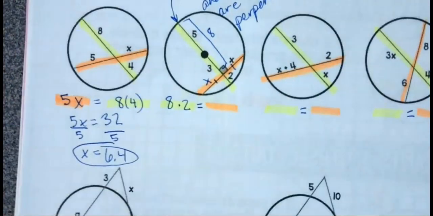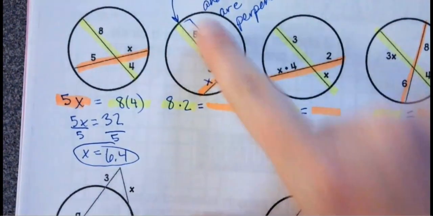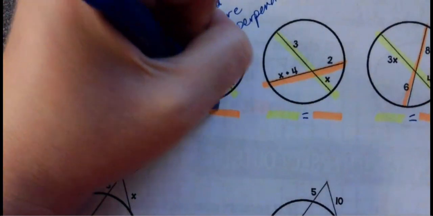So they have to be perpendicular and one has to be a diameter. I've said it a bunch now.